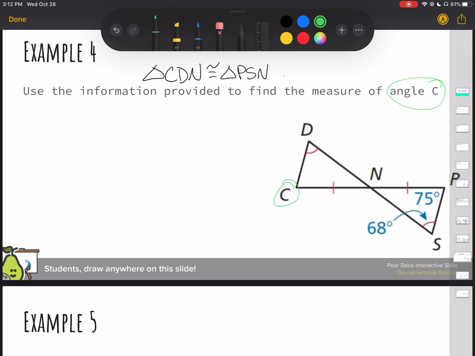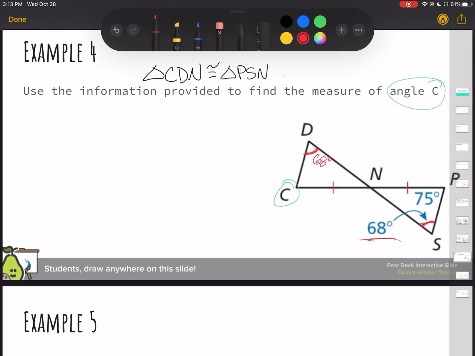And it's made even easier by the fact that S is identified as being congruent to angle D by this little arc right here. So I know those two angles are congruent, and I know that S is 68 degrees, so D is going to be 68 degrees as well. So that's super easy.